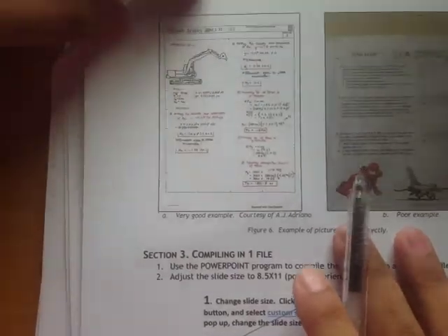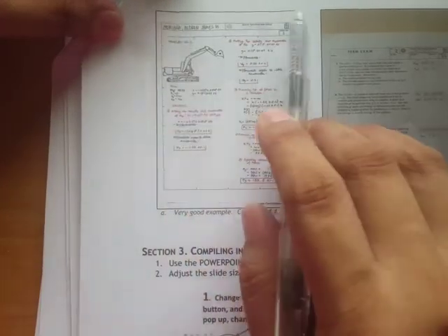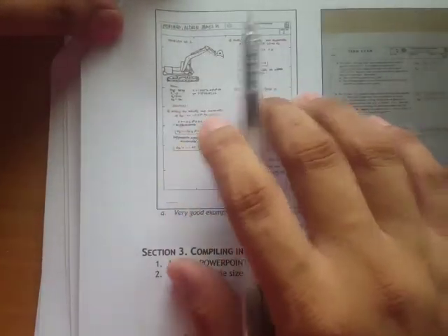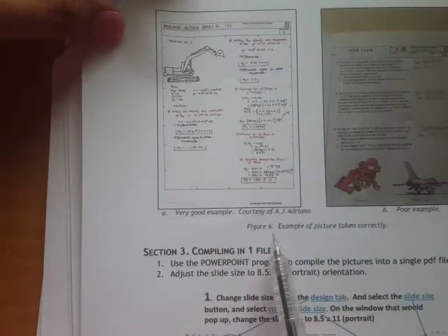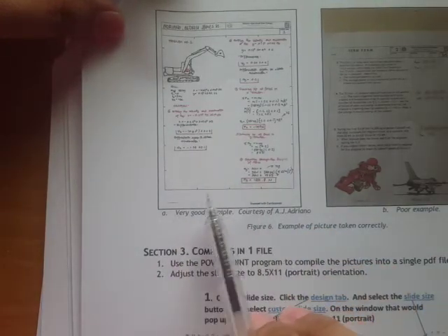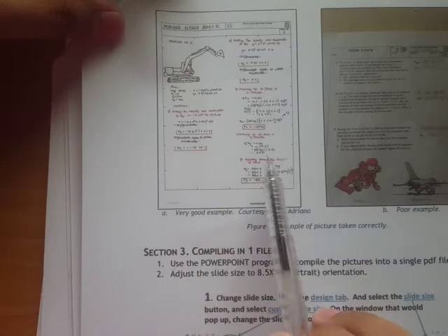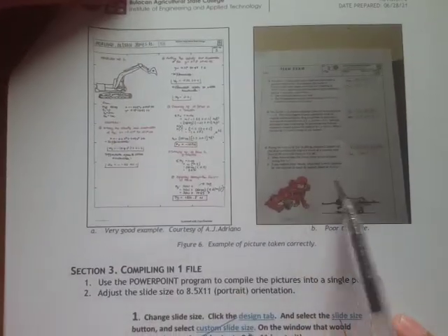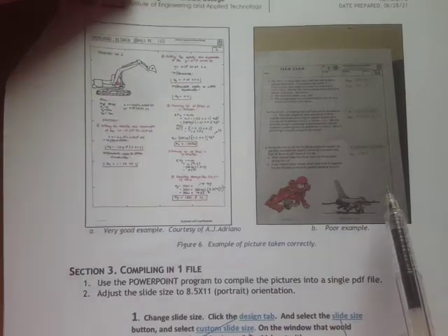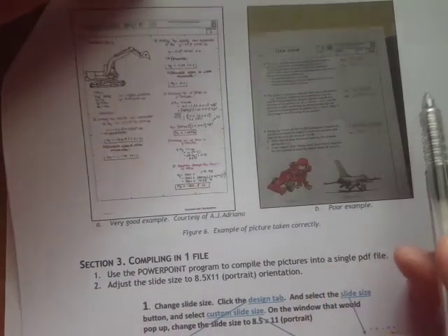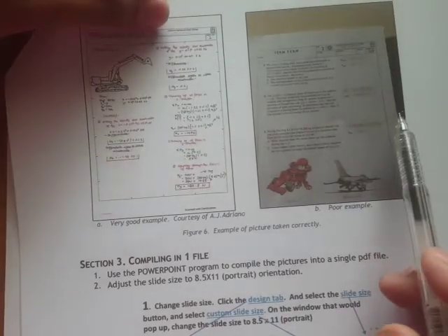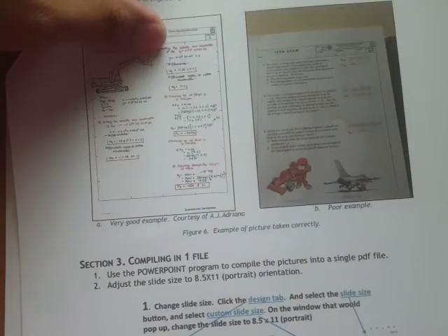You have to make adjustments in terms of the brightness. An example right here in figure 6a is a very good example of scanning. And this one on the right is a very poor example. That would get a large deduction, probably maximum deduction for this type of outputs.